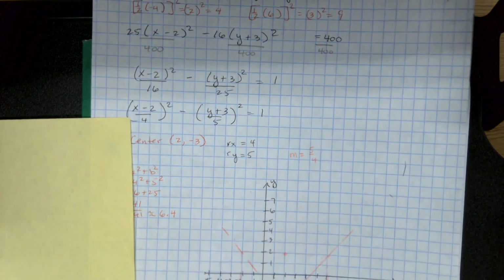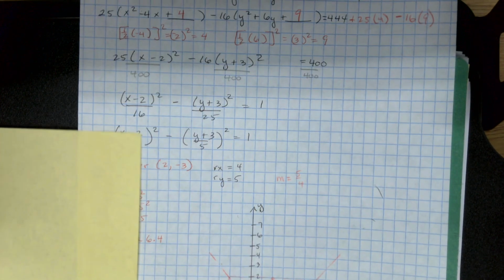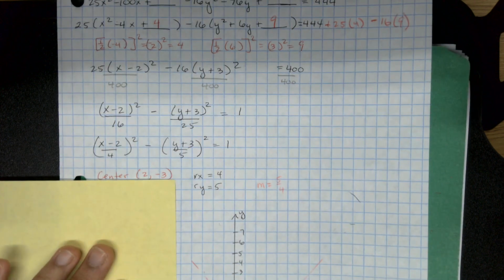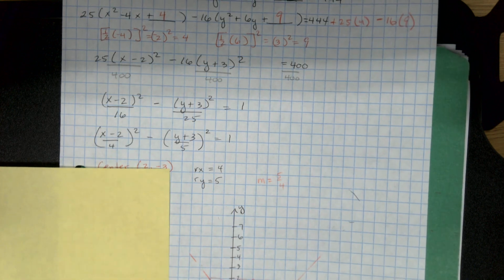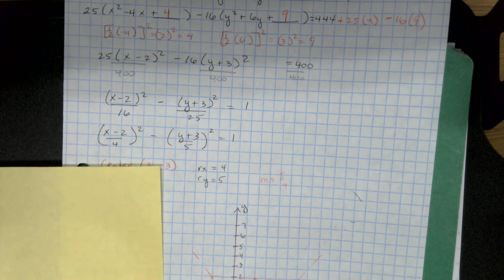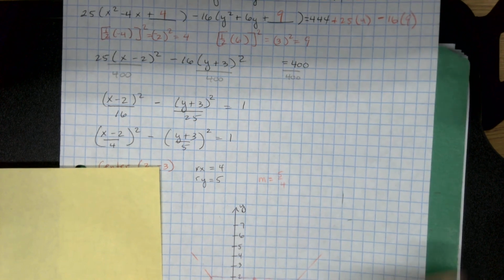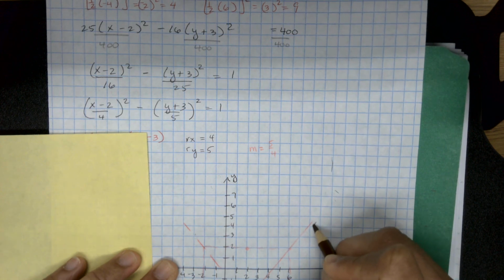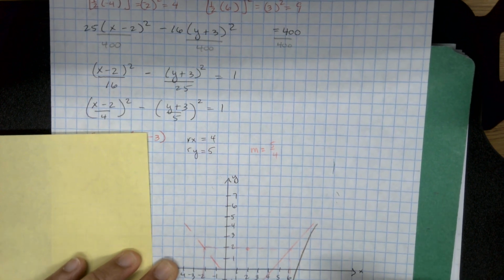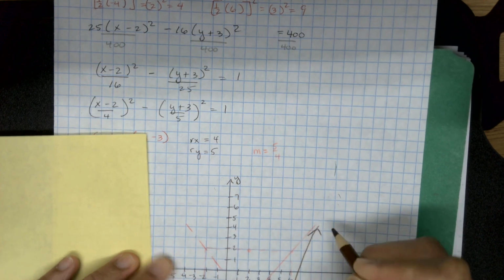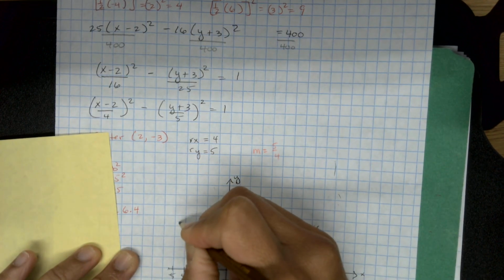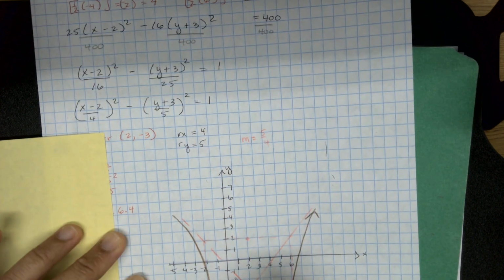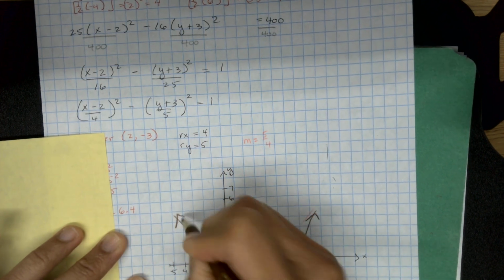All right. So now, since we know that the coefficient of x is positive, the cups, if you will, the hyperbolas will open right and left. So here is the vertex for our hyperbola. And again, the reason why we have these diagonal asymptotes is that they guide us to figure out how wide we're going to make these cups.